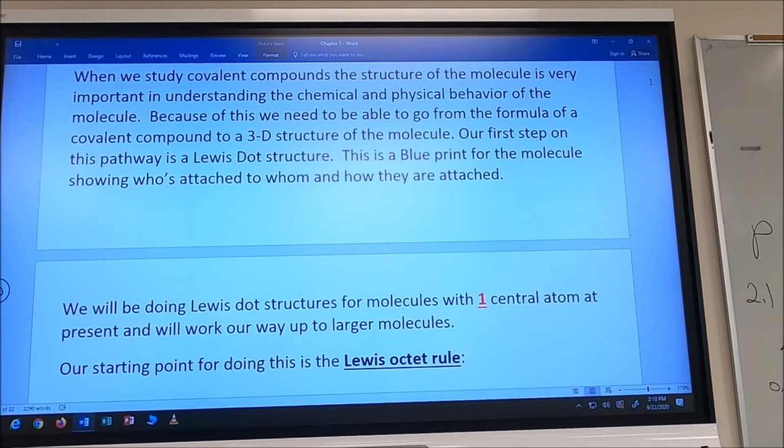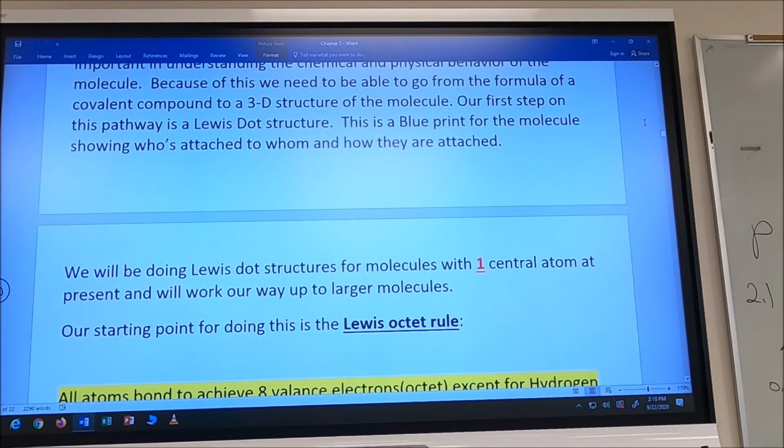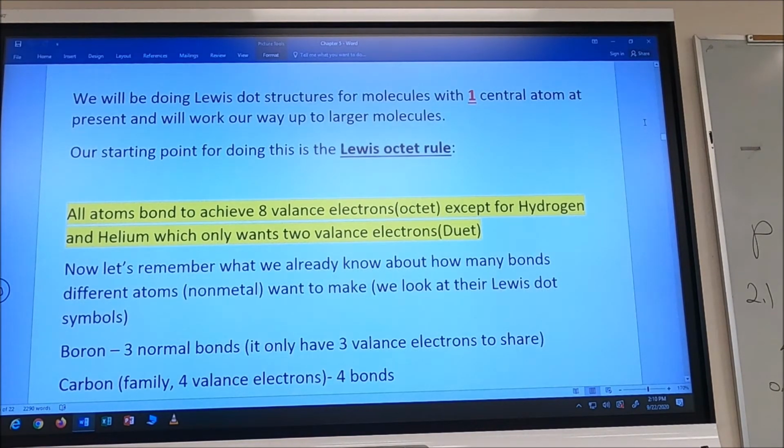They start out with a flat drawing, and they expand it into, voila, a 3D house. Now, we're going to use the Lewis octet rule to help us determine the structure of molecules, and we're going to stick with simple molecules for right now, ones that have a single central atom. So one atom in the middle and atoms coming off of it, kind of like spokes on a wheel.